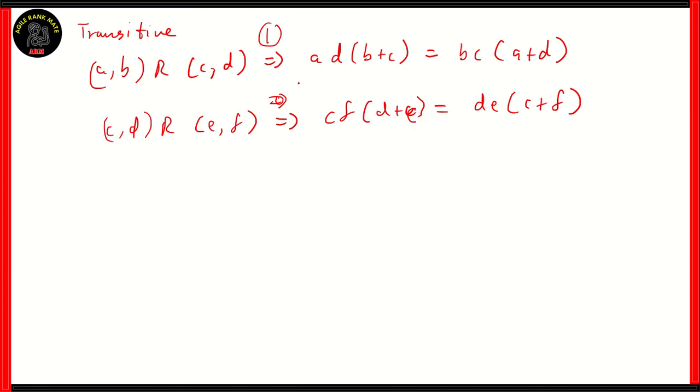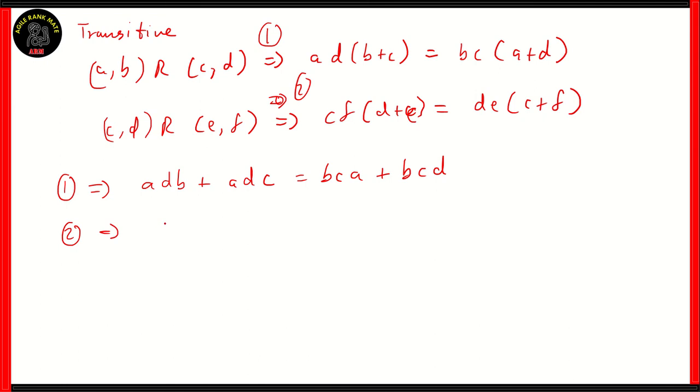So let's categorize them as 1 and 2 for the sake of simplification. So 1 becomes ADB plus ADC equals BCA plus BCD. 2 becomes CFD plus CFE equals DEC plus DEF.